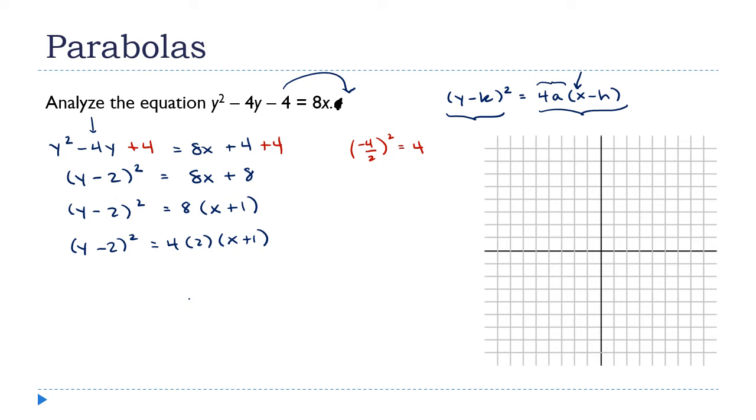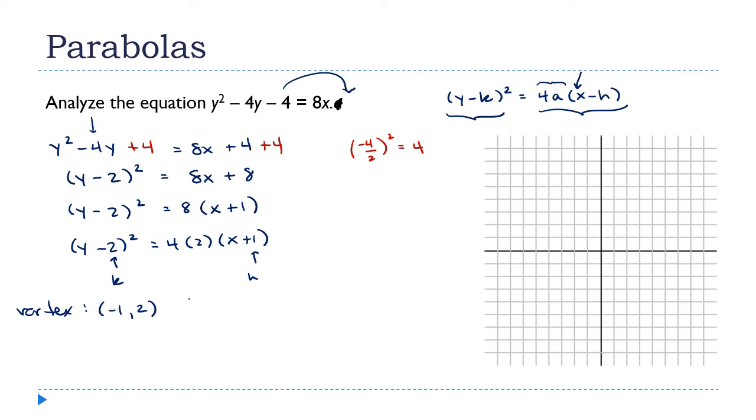The vertex we can actually get easily, right? This is the h, this is the k. So the vertex is at -1, 2. You notice those signs got reversed, right? Because it's x minus h and y minus k. If you think back to when you learned about the equation of a circle, it's the exact same thing that's happening here with those signs.